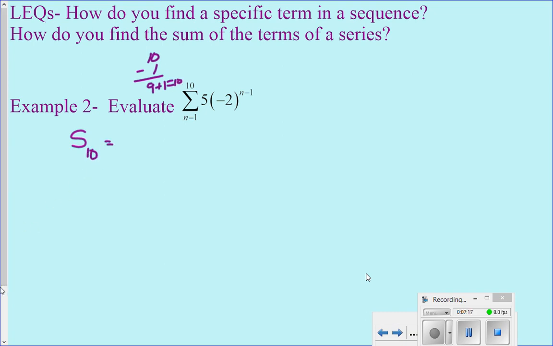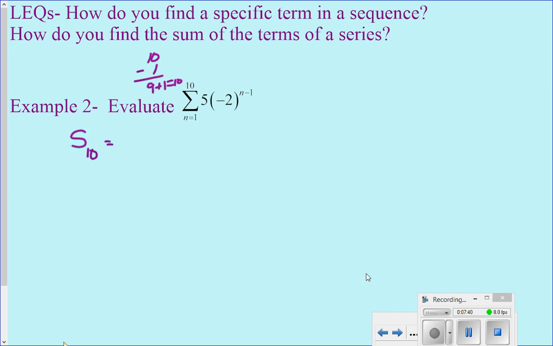That's going to be equal to a sub 1, which is the first term. Now, you don't want to look here and just assume that that first term is 5. It might be, but it actually could vary depending on the exponents and the lower index and how they're set up. So we don't want to assume that. We're going to actually find the first term just to confirm.